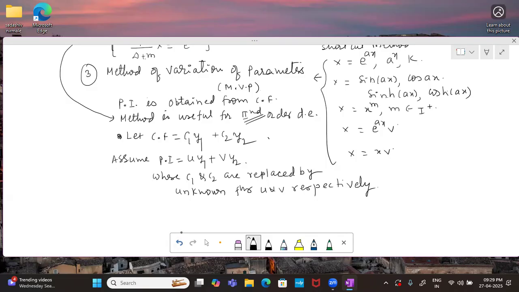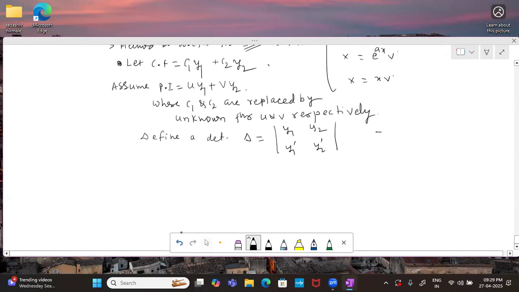Then, as a part of the procedure, define a determinant delta equal to y1, y2, y1 dash, y2 dash, that is the derivative. Just solve the determinant and you get delta.